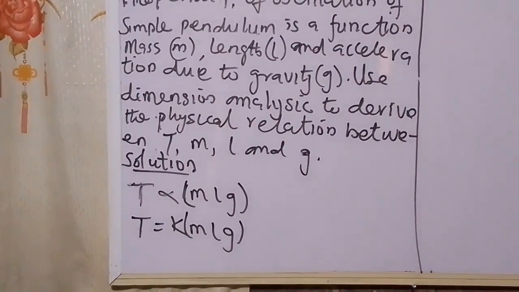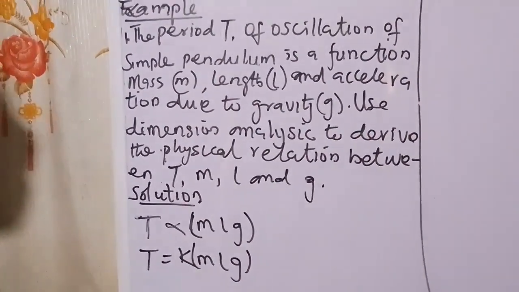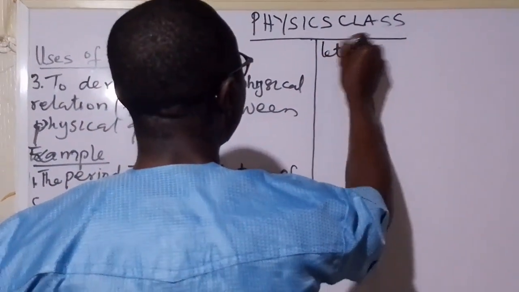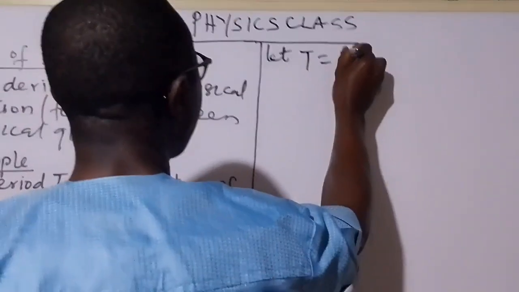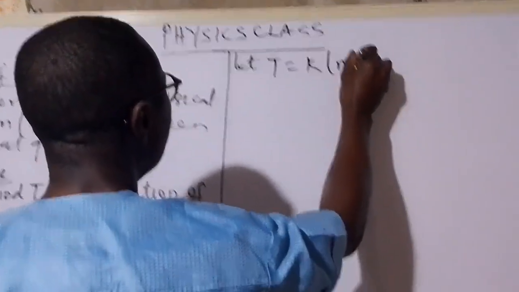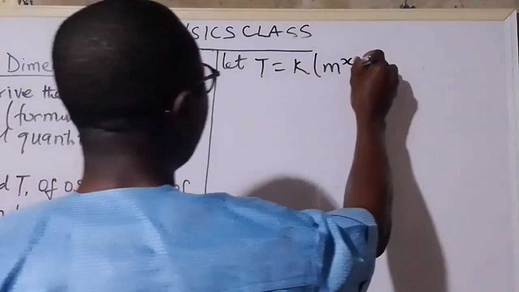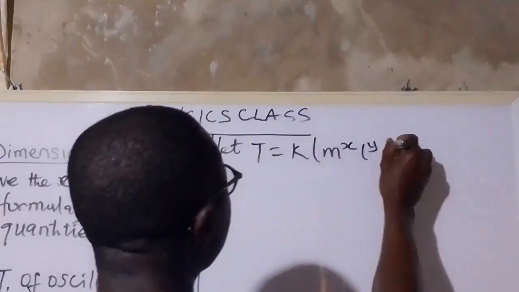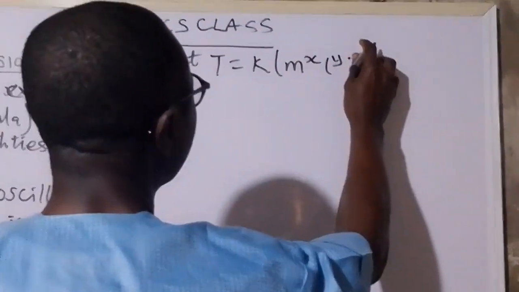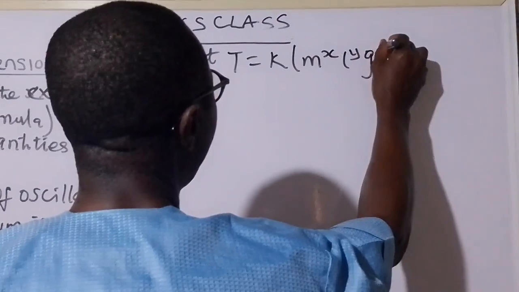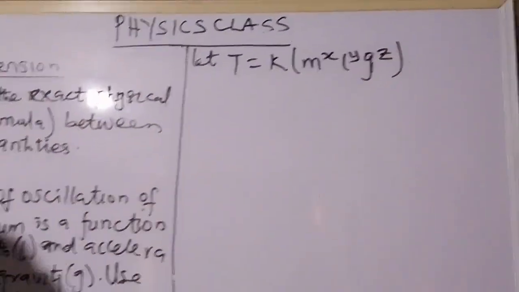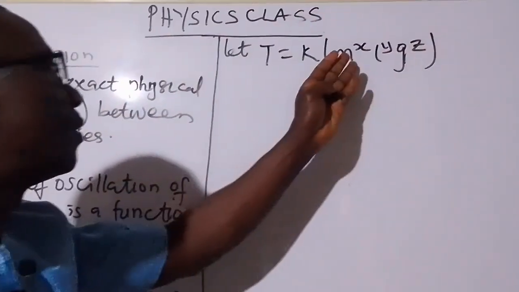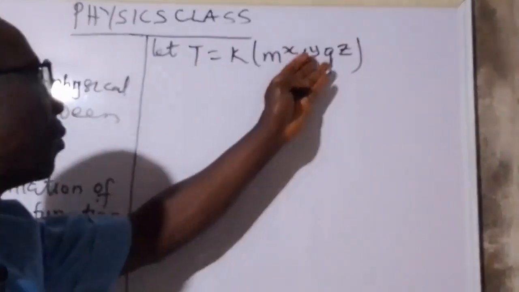Now, mind you, we don't know how they were related together. So you now say let T is equal to K into M raised to power x, L raised to power y, g raised to power z. If that is the case, we now want to find the values of x, y, and z.